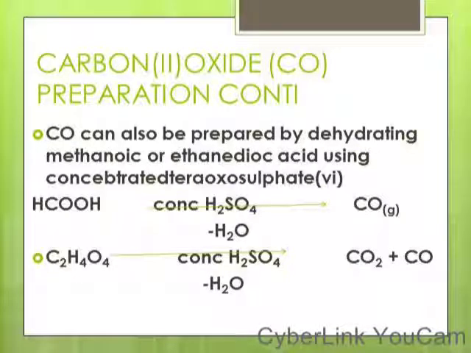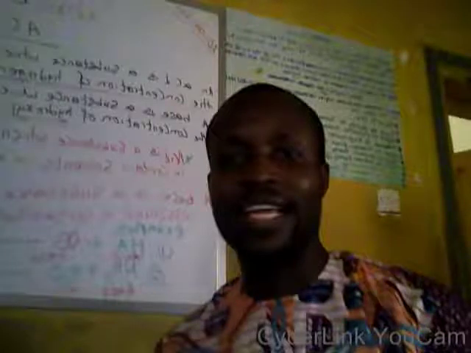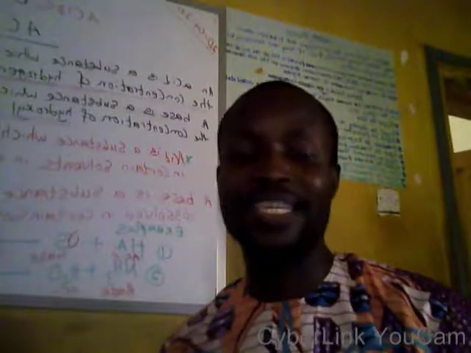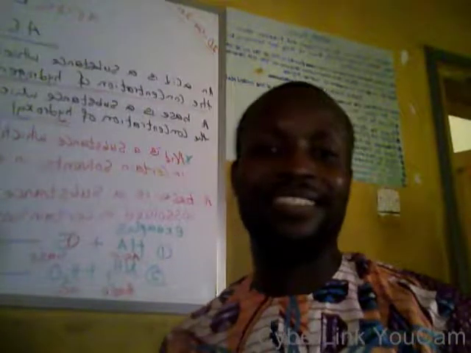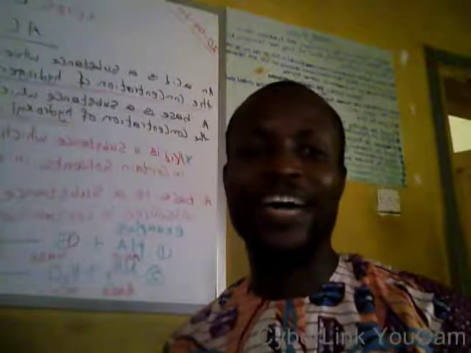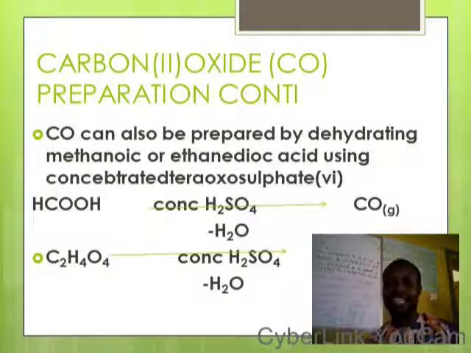Do you get that? This is carbon 2 oxide preparation continues. Another way you can prepare carbon 2 oxide is in two ways. Maybe you can decide to use methanoic acid or ethanedioic acid. Now let's use methanoic acid. Methanoic acid is HCOOH, as you can see here.